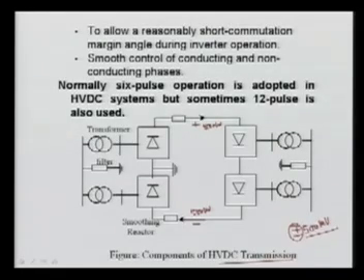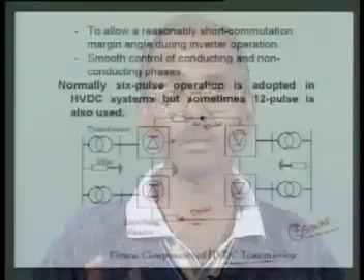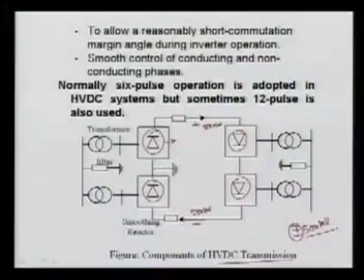The major components in an HVDC transmission system: one is the converter. These are the converters. A converter can be used as a rectifier or as an inverter, but converter is the global name for both rectification and inversion operation. We require the transmission lines.